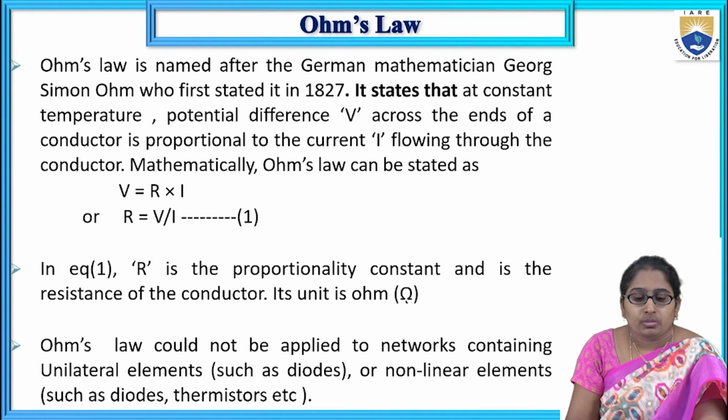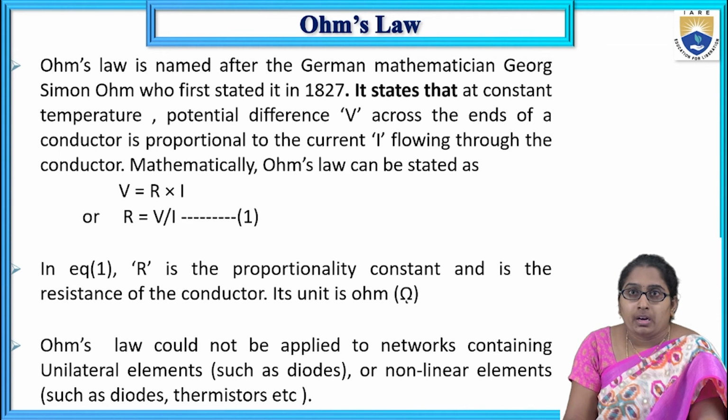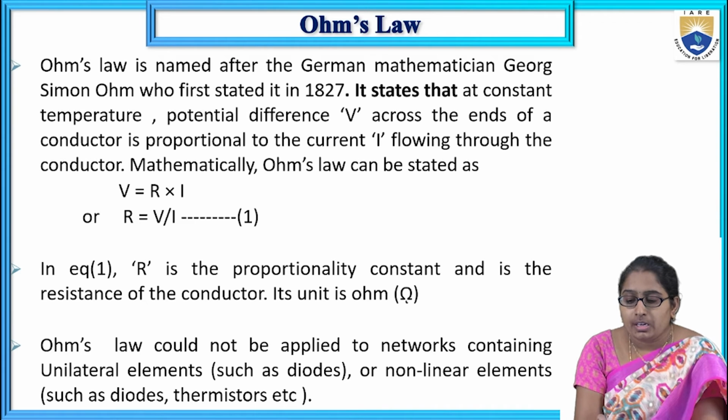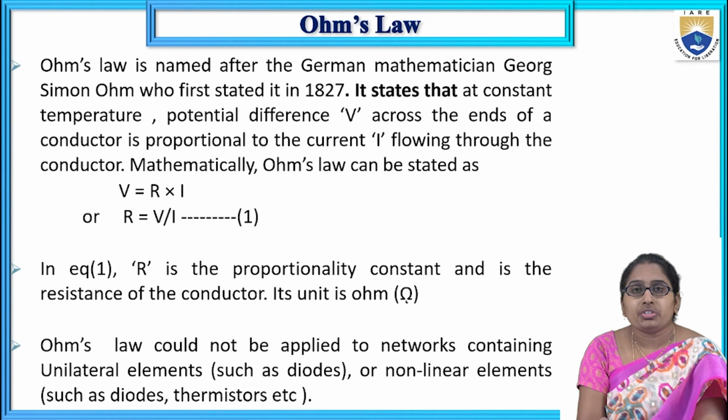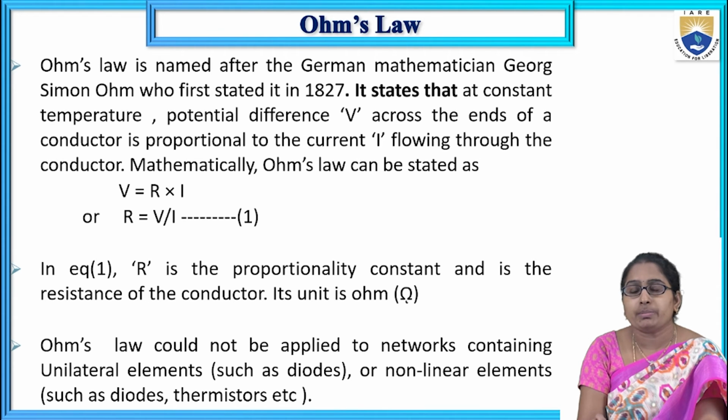It states that at constant temperature, the potential difference across the ends of a conductor is proportional to the current I flowing through the conductor.